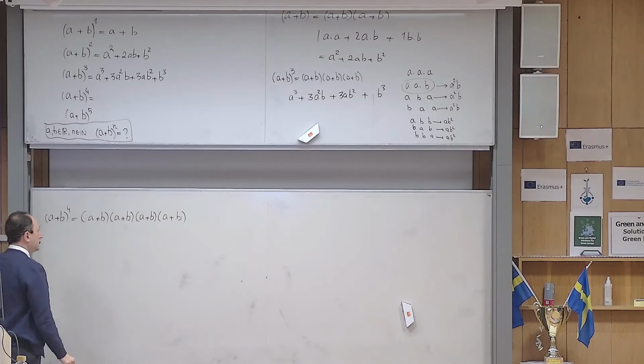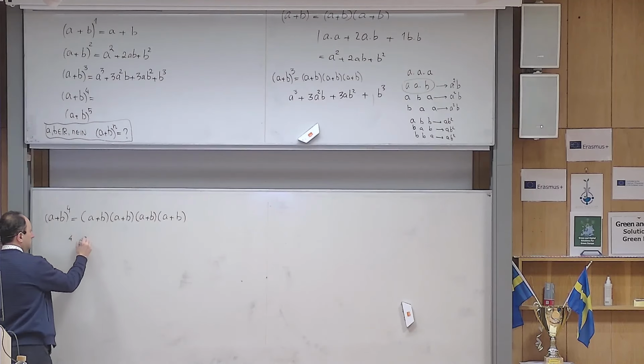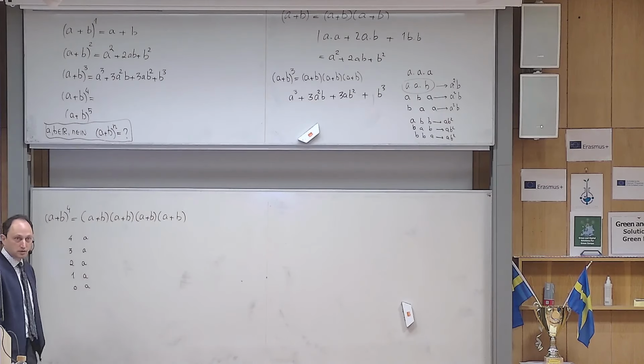So in how many ways, how many different combinations do I have? Either I choose 4 A's, or I choose 3 A's, or I choose 2 A's, or I choose 1 A, or I choose no A's. Yes? These are the only possible ways if I want to choose A.